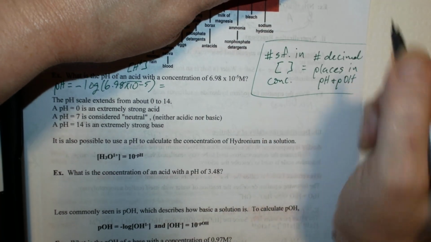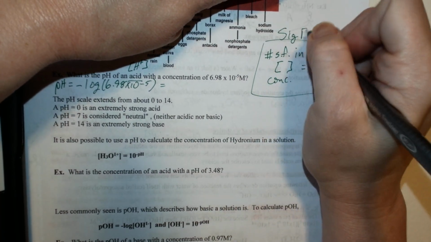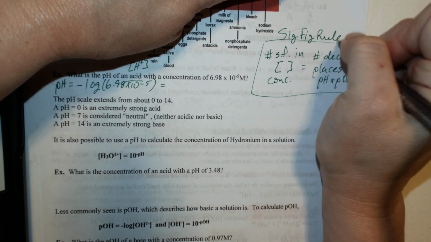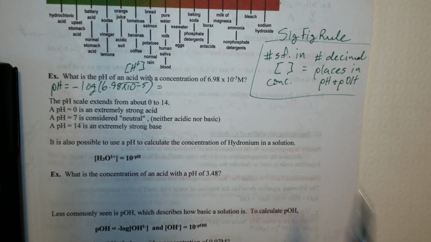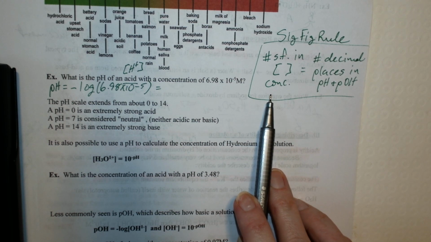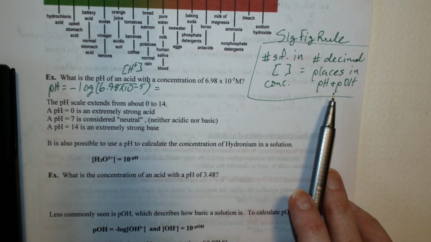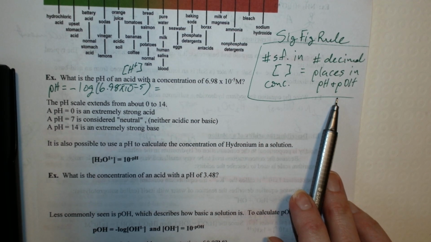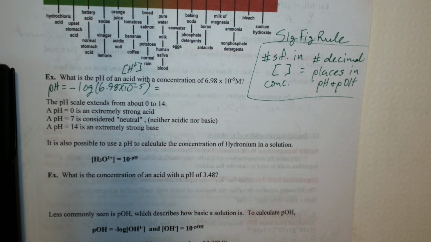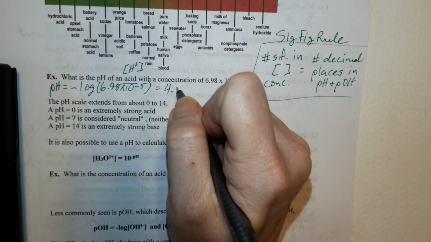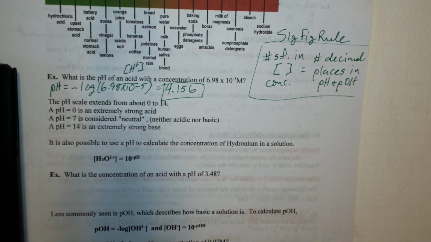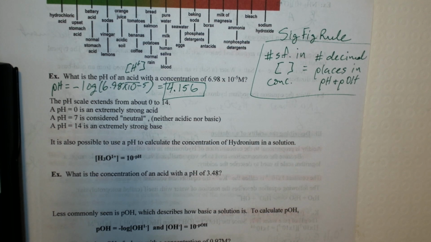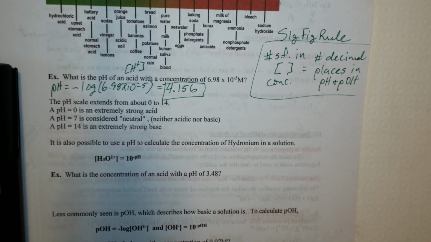This is the sig fig rule for pH and pOH. Since your concentration had 3 sig figs, we need 3 decimal places in our pH. So this number rounded to 3 decimal places is 4.156. And that's the answer. There are no units for pH and pOH.